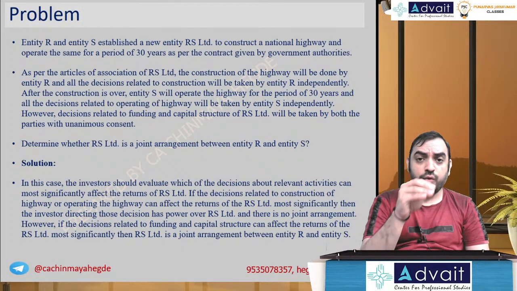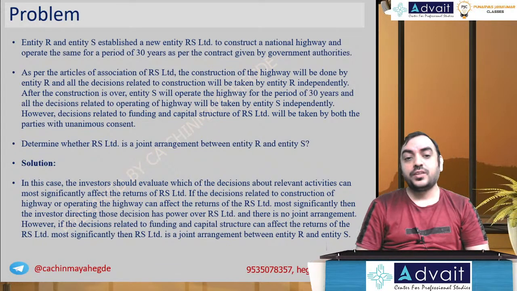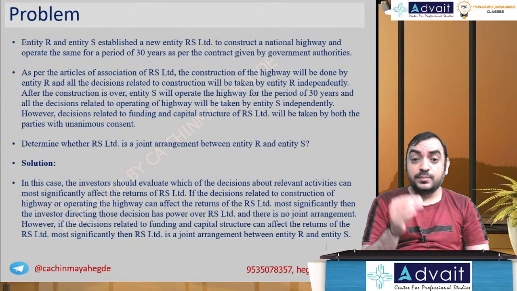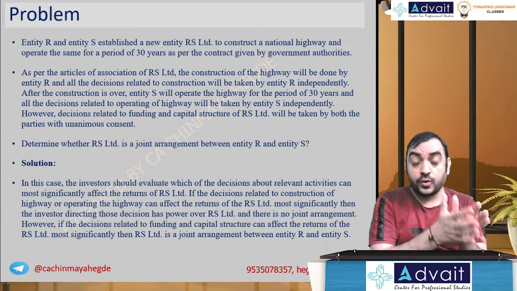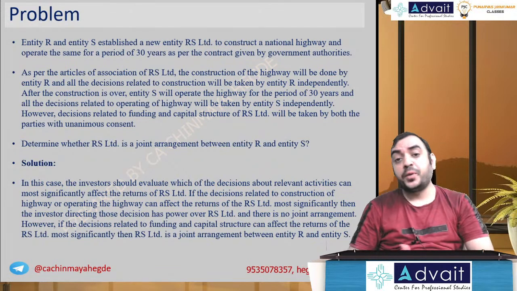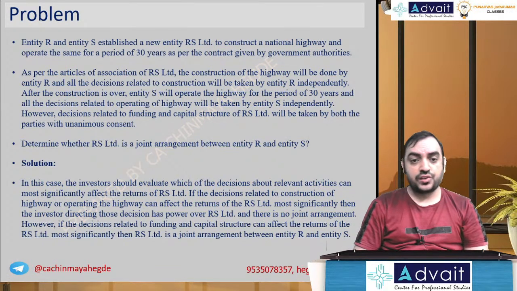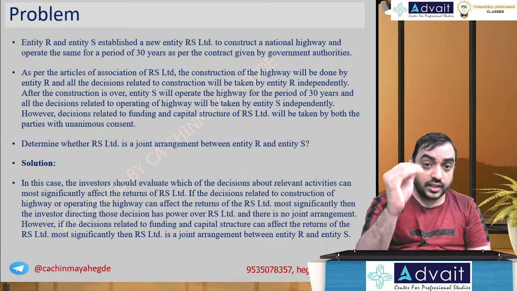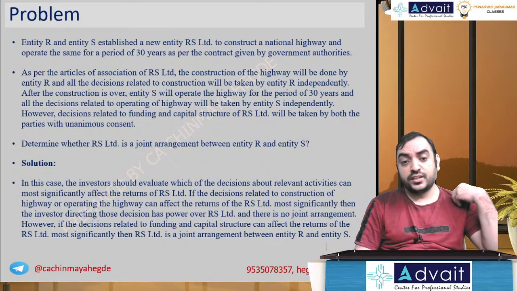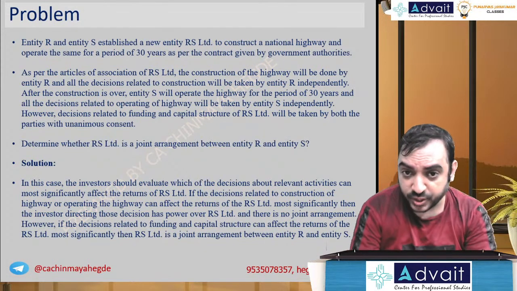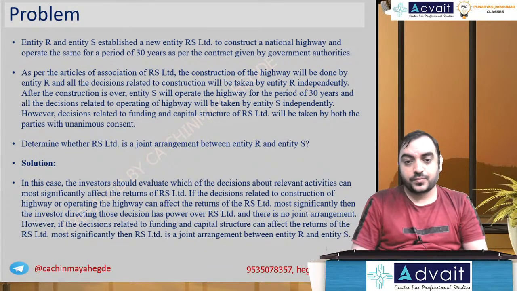After construction is over, S Limited will operate the highway for a period of 30 years, and all the decisions relating to operating the highway will be taken by entity S independently. However, the decisions relating to the funding and the capital structure will be taken by both the parties with unanimous consent. Determine whether RS Limited is a joint arrangement between R and S.